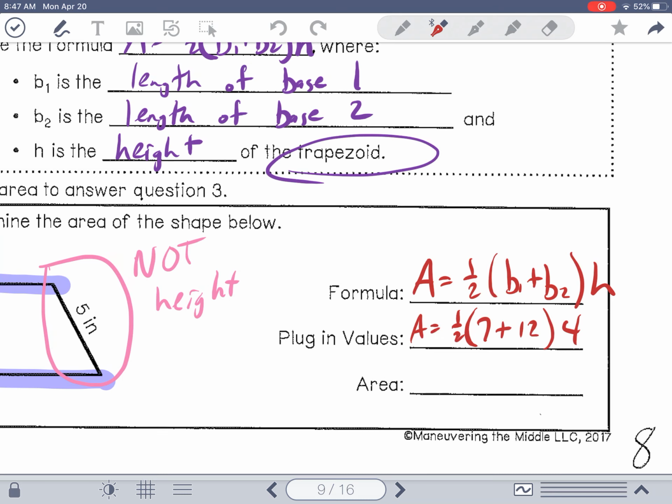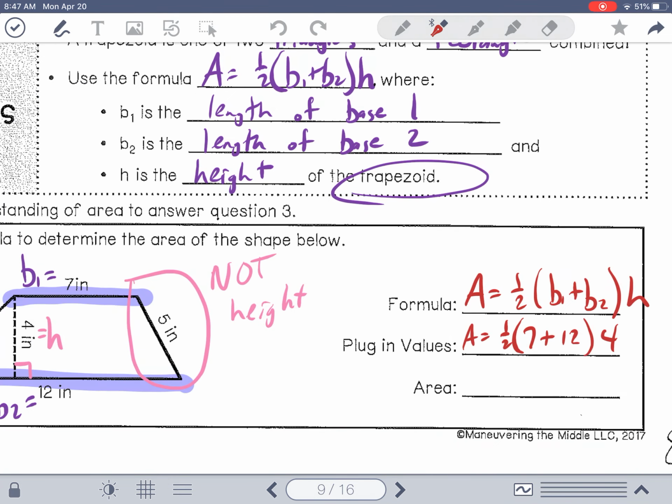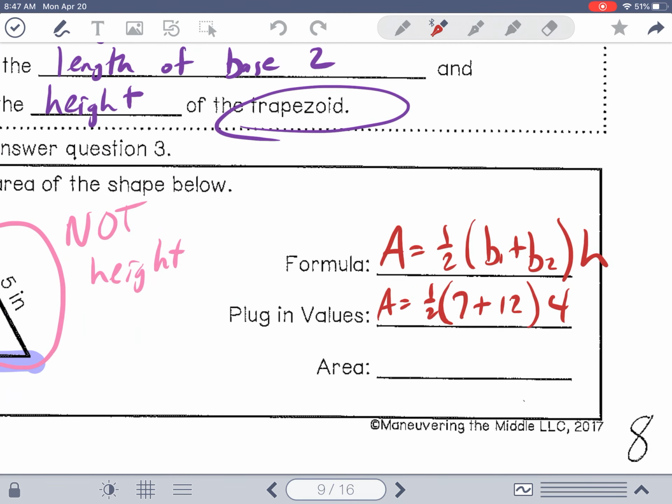So area is going to be 1/2 of 7 plus 12, which is 19. And then you had to bring down that 4 from above. So you've got half of 19 times 4.